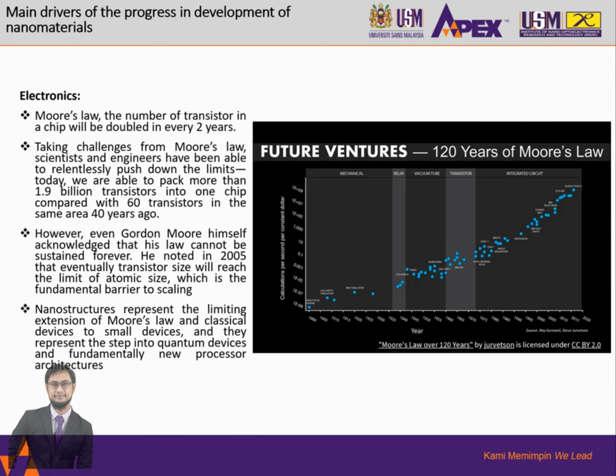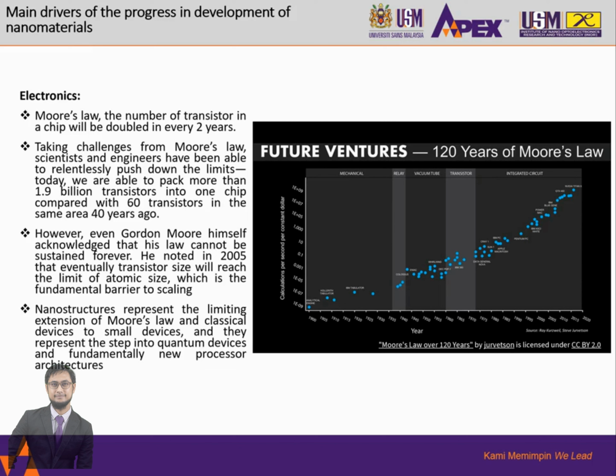Taking challenges from Moore's law, scientists and engineers have been able to relentlessly push down the limits. Today we are able to pack more than 1.9 billion transistors into one chip, compared to 60 transistors in the same area 40 years ago. However, even Gordon Moore himself acknowledged that his law cannot be sustained forever.